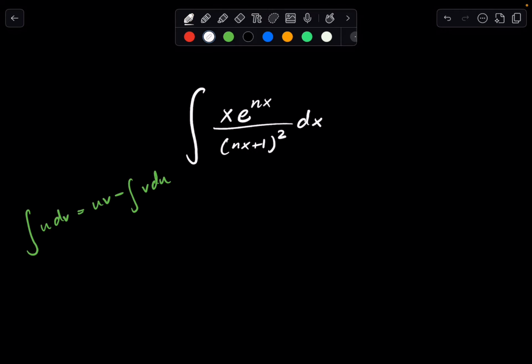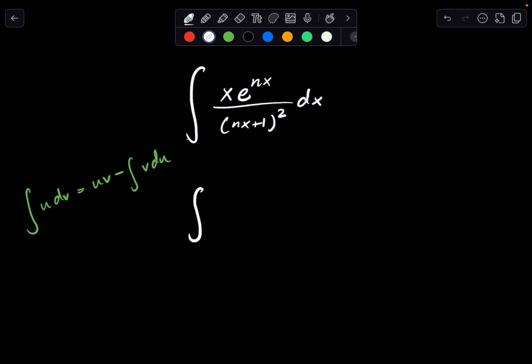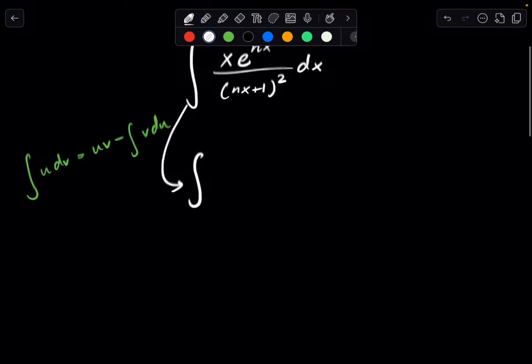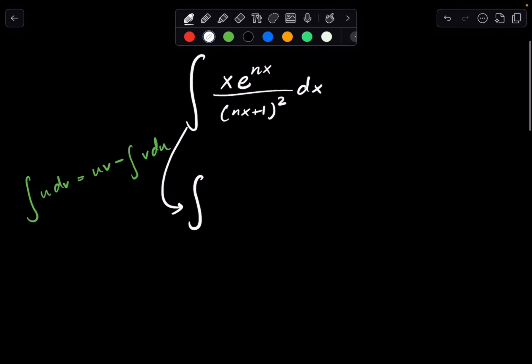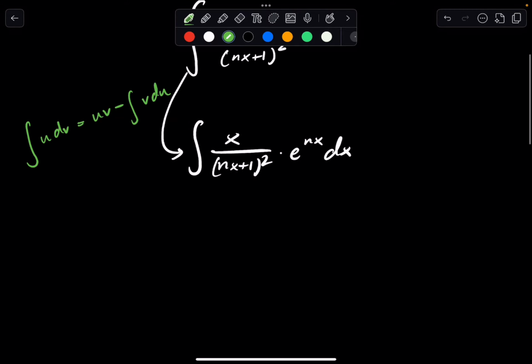Now, let's say we try something unique for our u and dv. Let's say we break up the numerator and denominator. Or we can even do something interesting. Let's do x over nx plus 1 squared times e to the nx dx, like this. So we can set this to be our u, and this can be our dv.